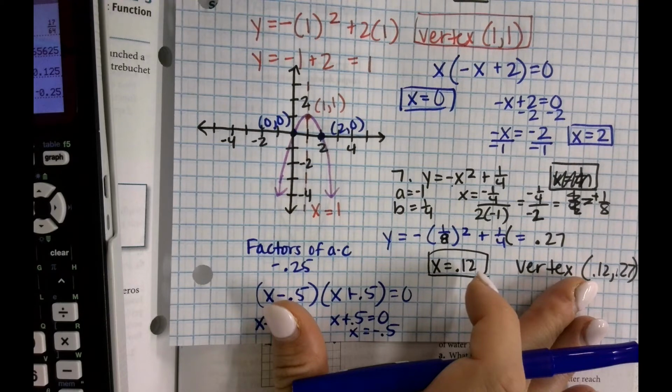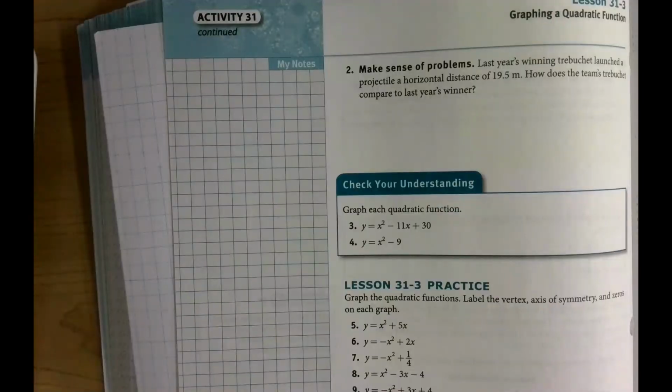So I'm going to graph it on the back. I'll look and grab another piece. So this is for number 7.